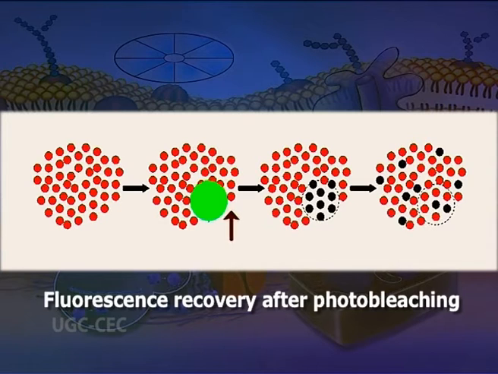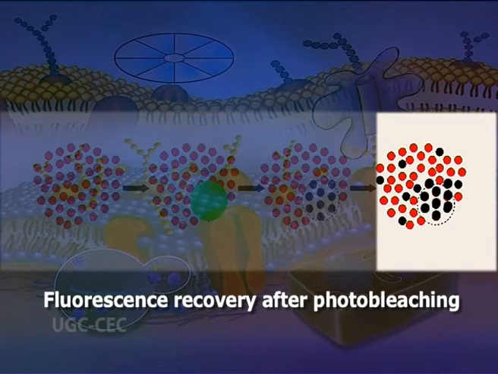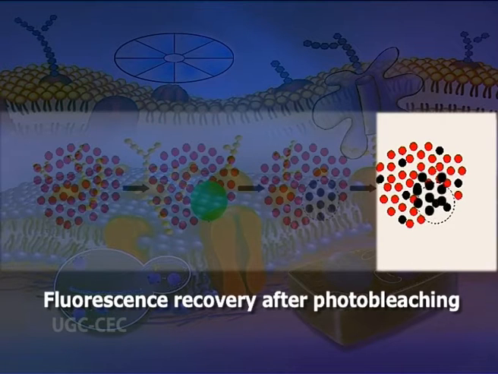When the cell surface is examined with the fluorescence microscope, a dark non-fluorescent spot is seen on the membrane initially. Within seconds, however, the edges of the spot become fluorescent as bleached lipid molecules diffuse out of the laser treated area and fluorescent lipid molecules from adjoining regions of the membrane diffuse in.